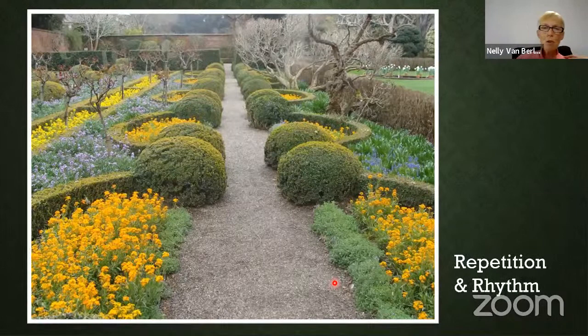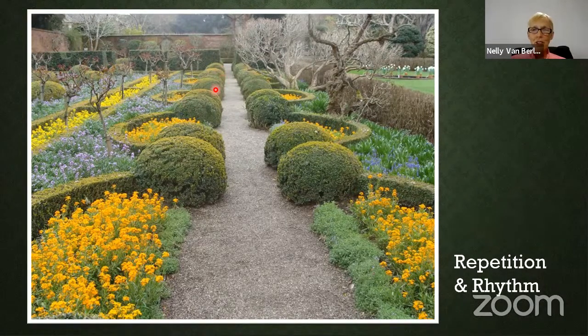So repetition and rhythm. And this is a really great example because you can see repetition everywhere. The wallflowers, the Cheiranthus here, repeats in each of these ovals. The clipped boxwood, you've got the wall, ball, ball, wall, ball, ball, wall, ball, ball, wall.